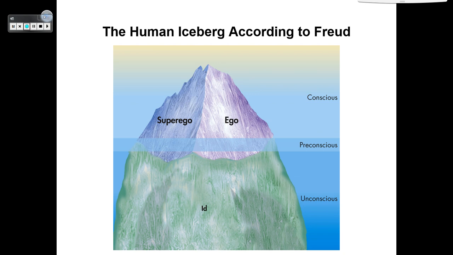And so he believed that what we see of the people around us was just the tip of the surface. So think of your consciousness as everything above water. Your preconscious is what's just below the surface of the water. Kind of like when you see someone swimming in a pool and you can see them below the water.